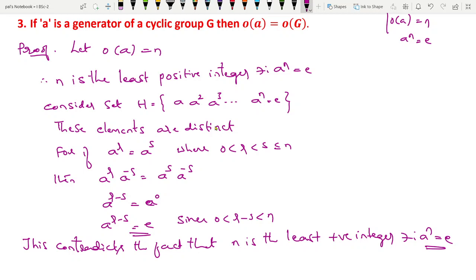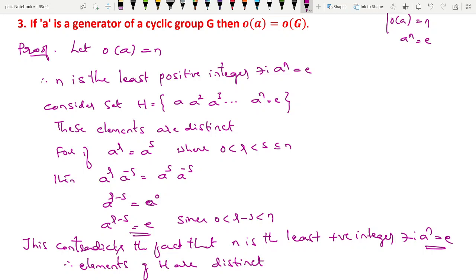So therefore the elements of h are distinct.